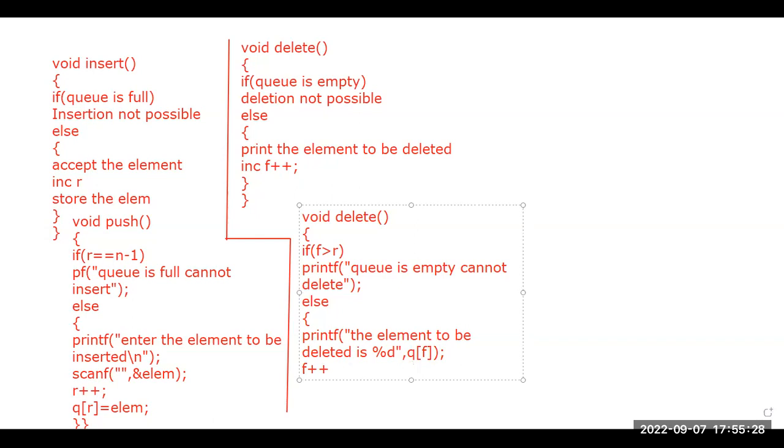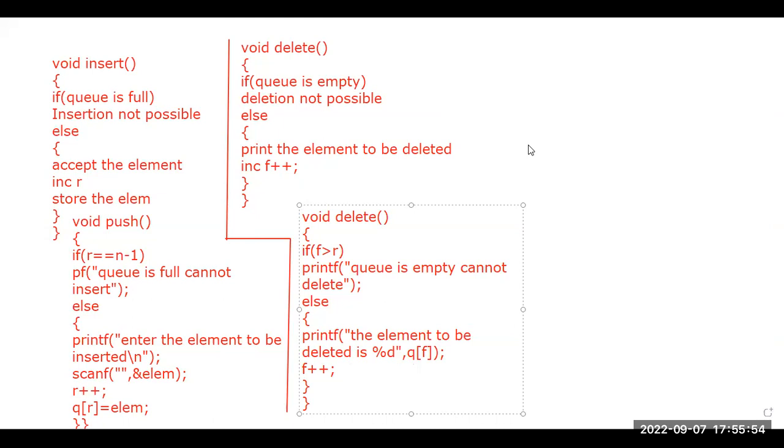Any doubt till here, guys? So you explain the F increment part in the deletion section. Sorry, I didn't get you. Your voice was breaking. The deletion part, right? So you have mentioned increment F. So that part, I just want to understand the logic behind that increment of F to be deleting one element.